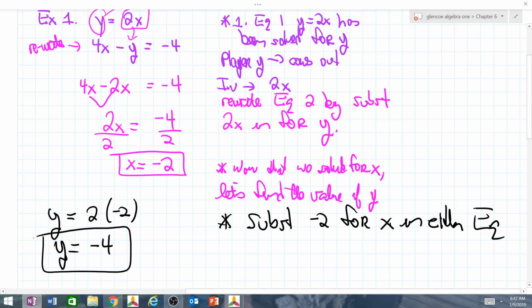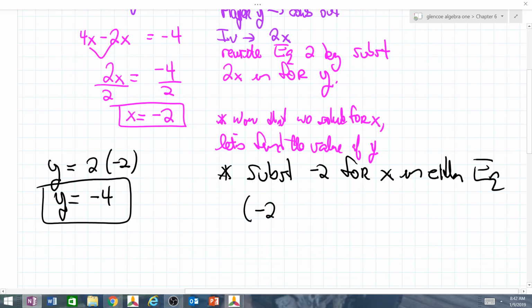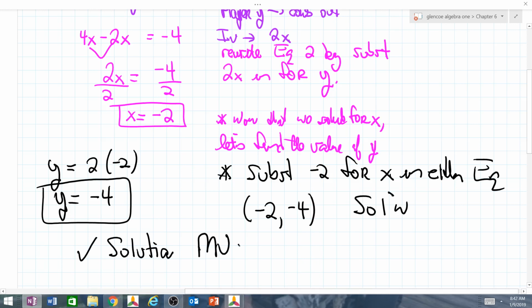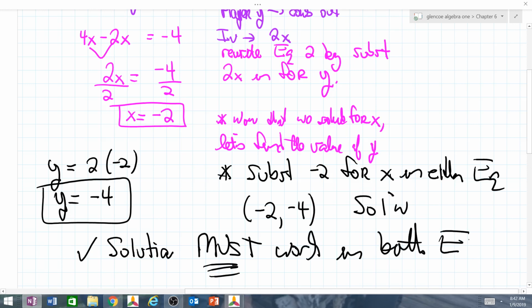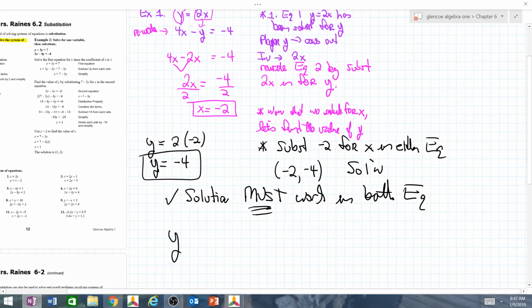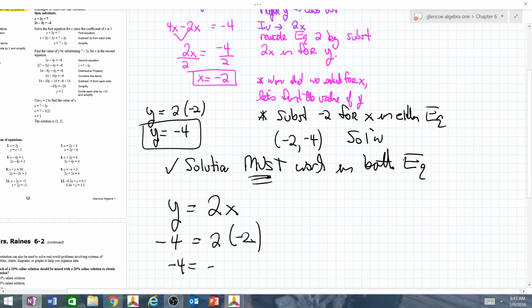Are you sure? Now, my ordered pair is (-2, -4). That's my solution. I need to check my solution, guys, because my solution must work in both equations. Let's check it. y equals 2x: -4 equals 2 times -2, so -4 equals -4.